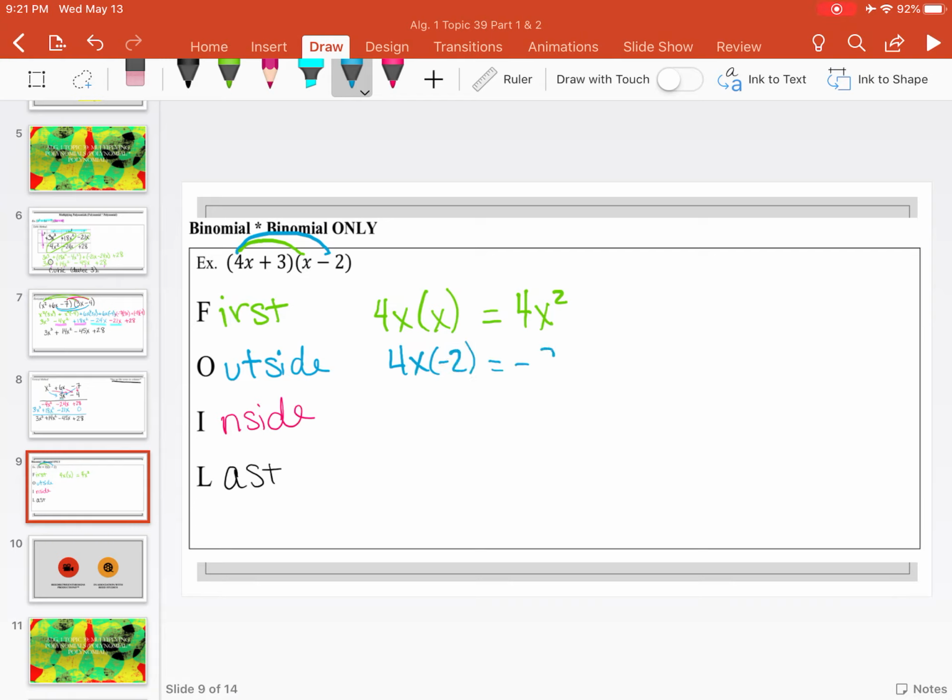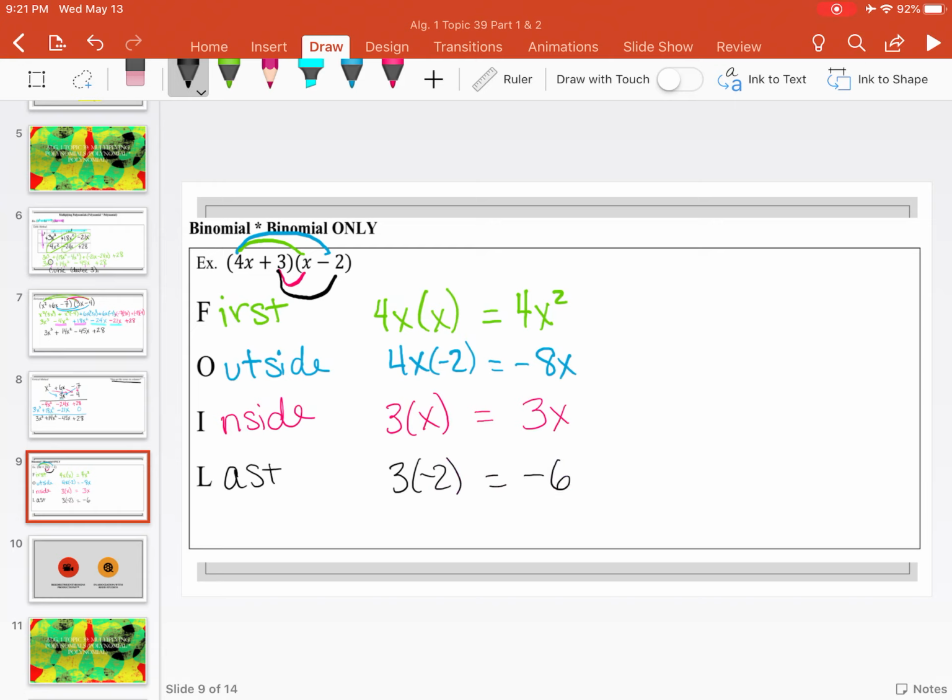That gives us negative 8x. Inside, 3 times x, the innermost terms, gives us 3x. And the last terms, 3 times negative 2, give us negative 6.